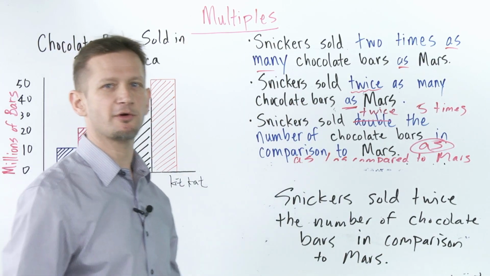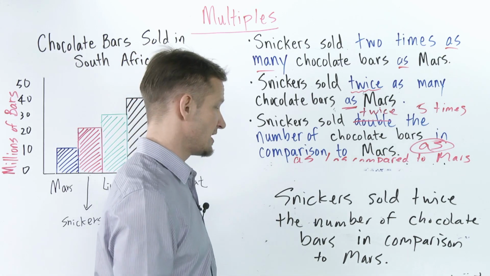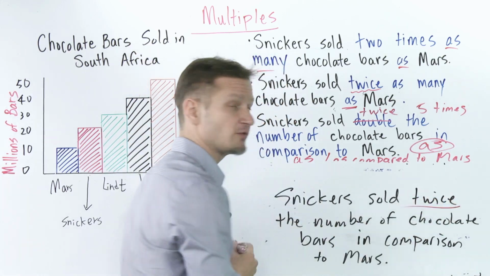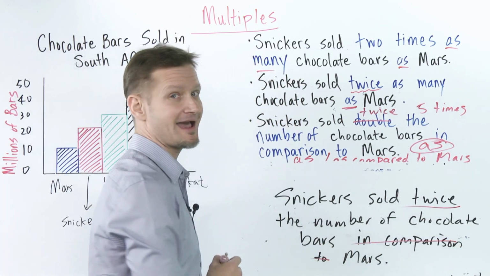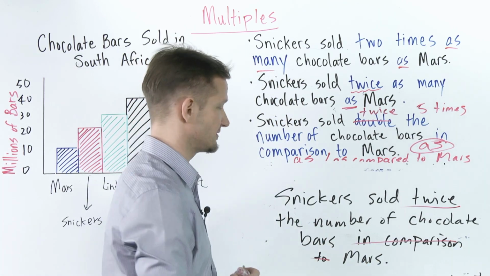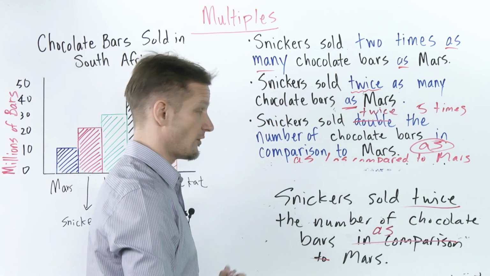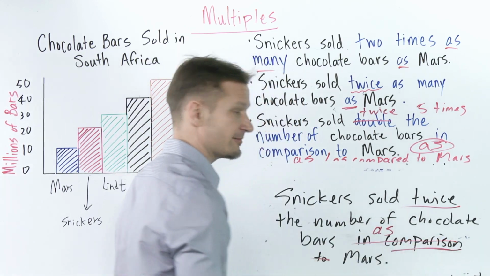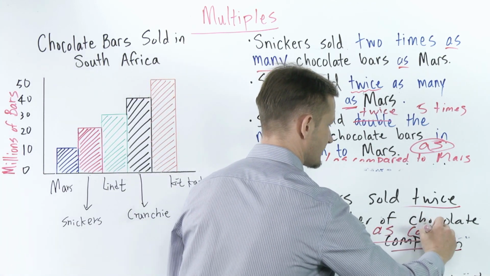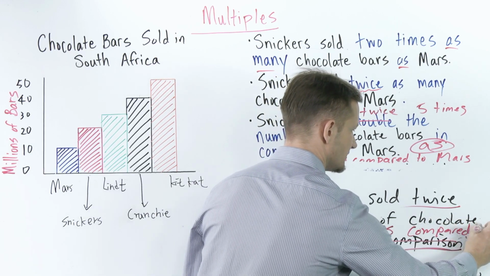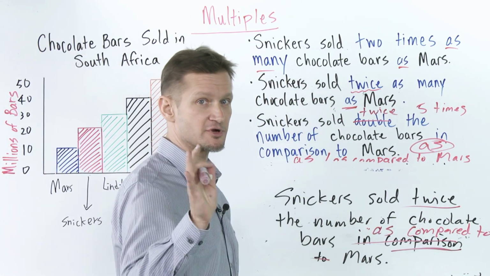So same idea that we've been talking about, just looking at the same data, but this one's wrong. And it's wrong because I wrote twice, but here before Mars, I did not write as. I wrote in comparison to. So I can change that to as Mars, or if I really wanted to level up my vocabulary and use that comparison, I would say as compared to. That's okay. As long as I get that as in there, I'm good.